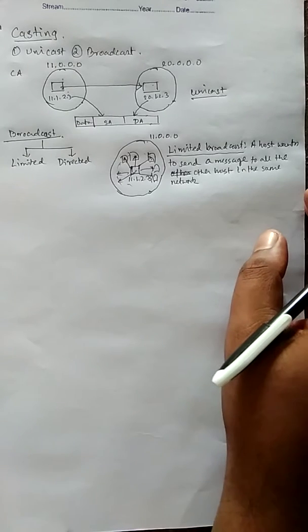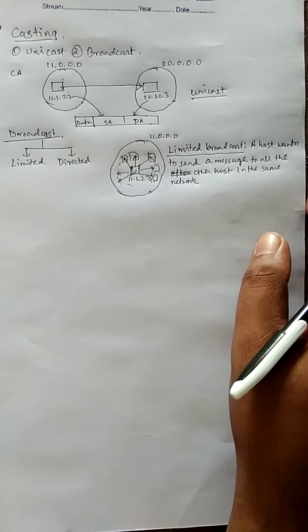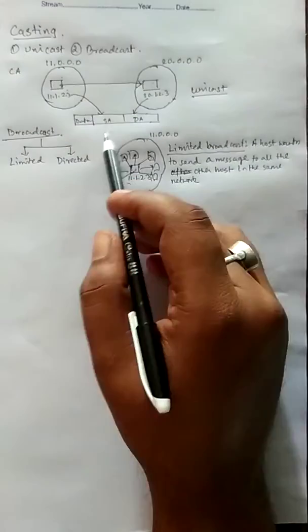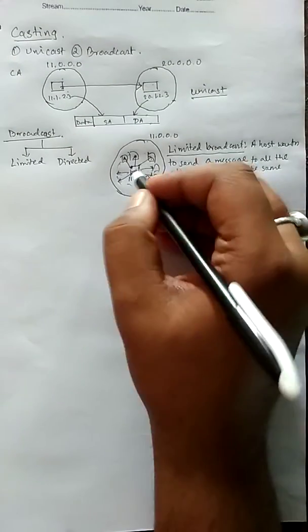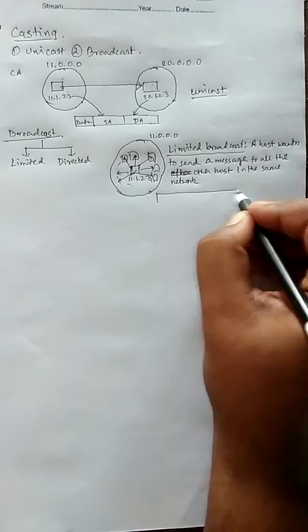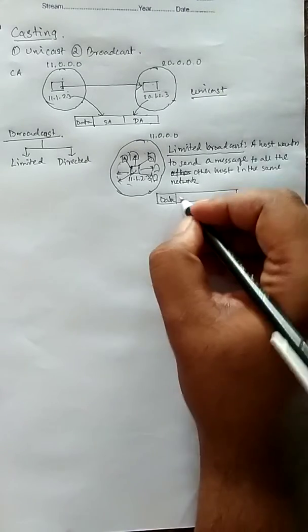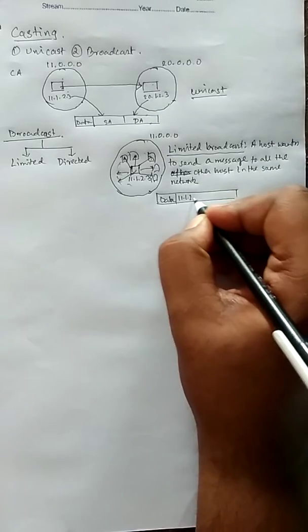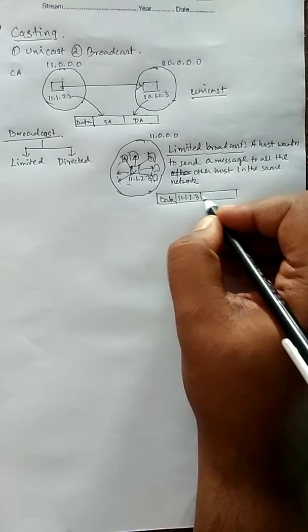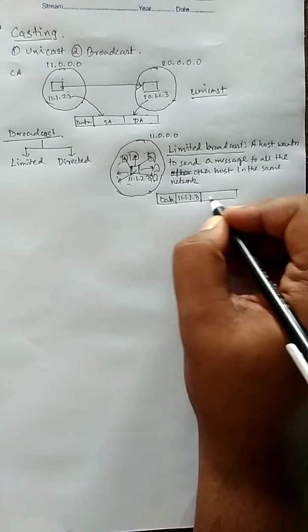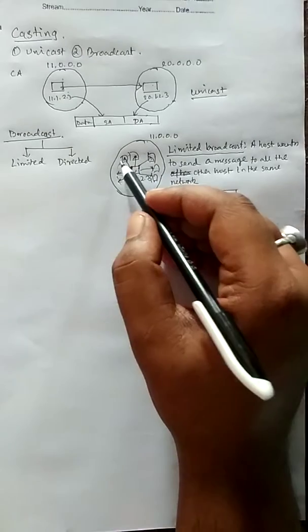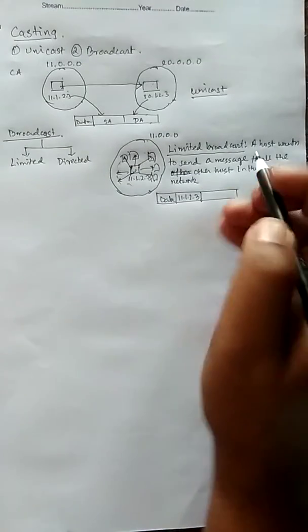In this case, what will be the destination address? The source address I know. In this case, what will be my data format? This will be my data, and the source address will be 11.1.2.3. Now what is the destination address? The destination address will be such that each and every host inside this network will get that message.